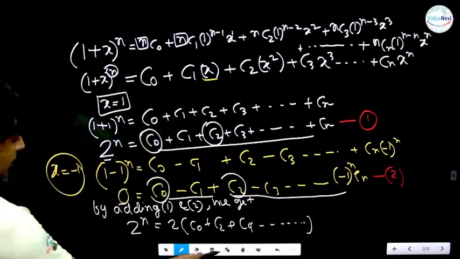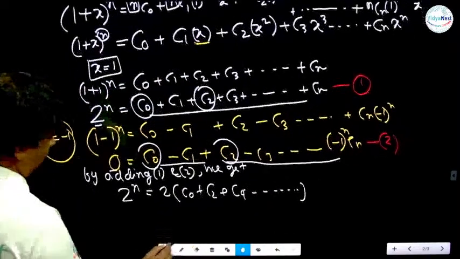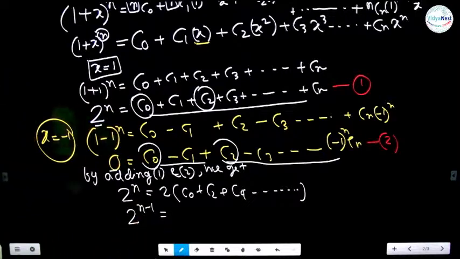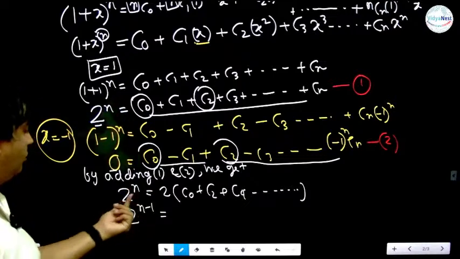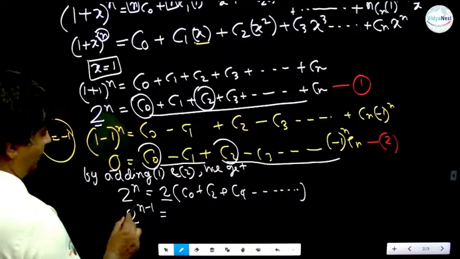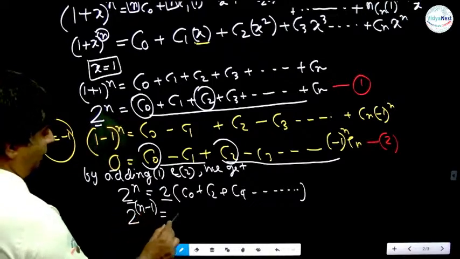So the sum of the even coefficients is 2 to the power n minus 1, because if I drag this 2 to the below of 2 to the power n, by laws of exponent I get 2 to the power n minus 1.